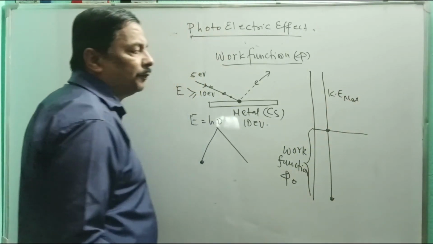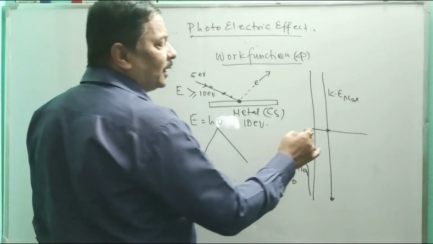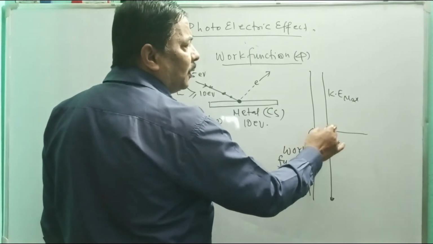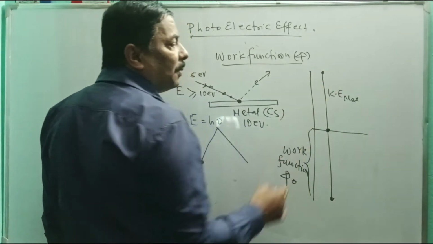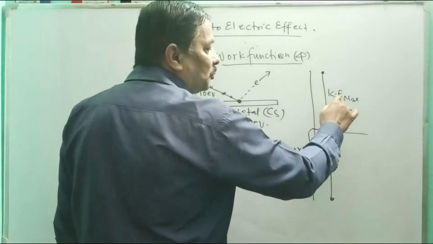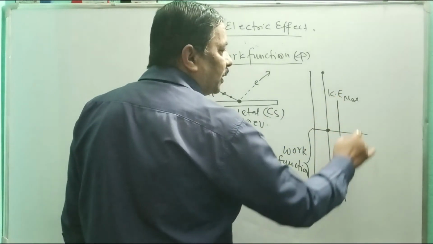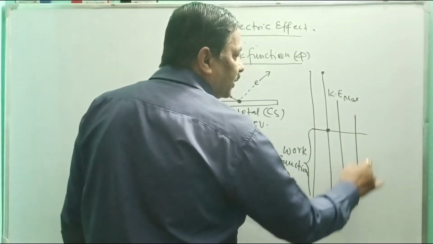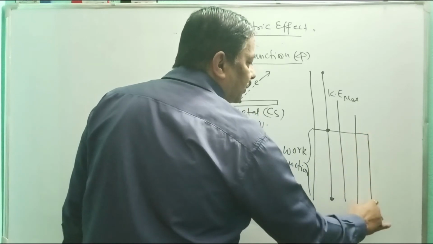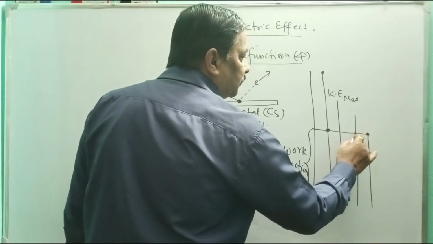to the electron. Now it is not essential that the energy will always give this much amount of kinetic energy. It may give this amount of kinetic energy, this amount, or even this amount of kinetic energy.